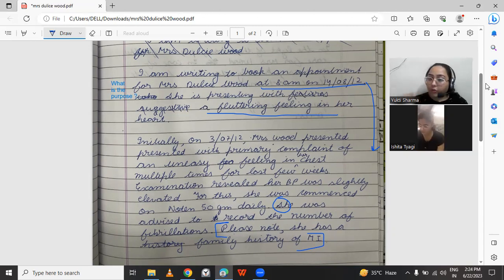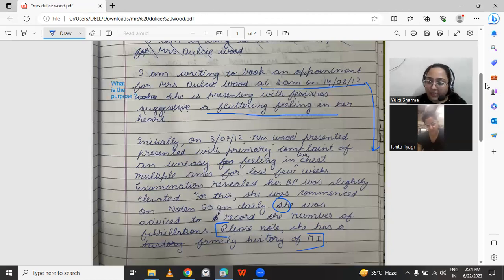Just one more thing, because it does not state the provisional diagnosis arrhythmia anywhere. Can I write that? See, it's up to you. If you think that because the patient is again and again complaining of this fluttering feeling and does not know the medical terminology, this is why in the sample they have changed the language.